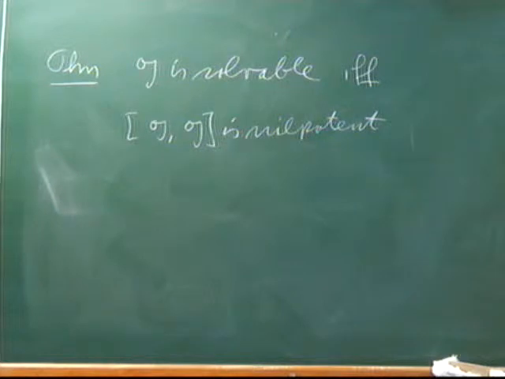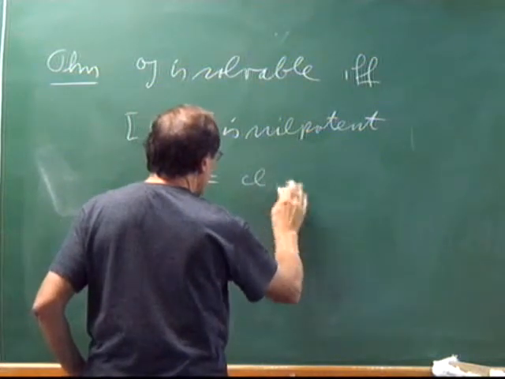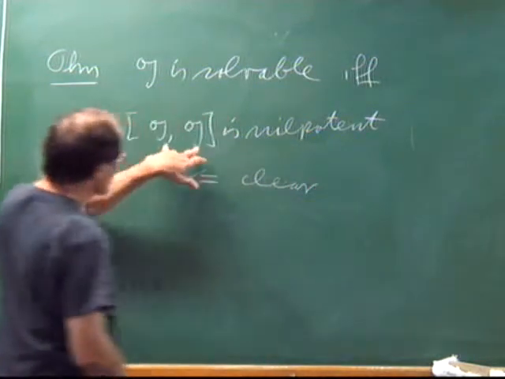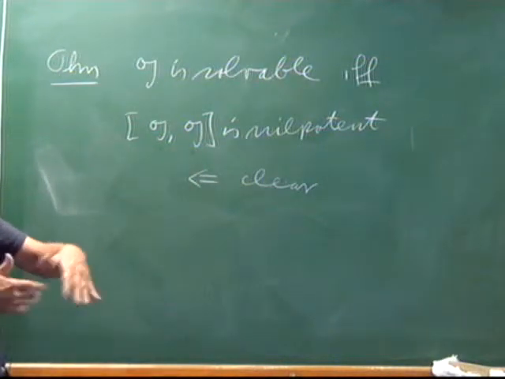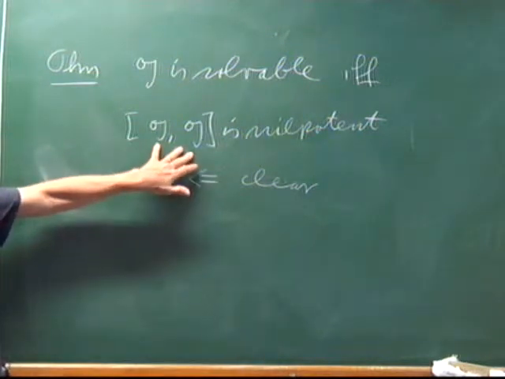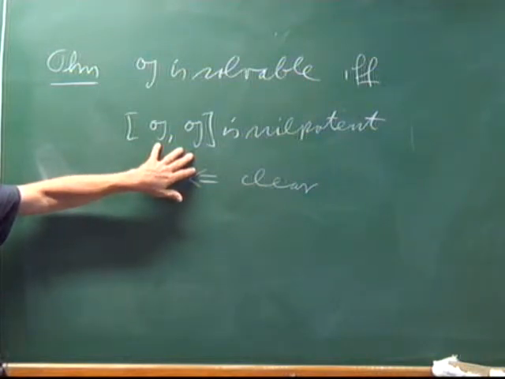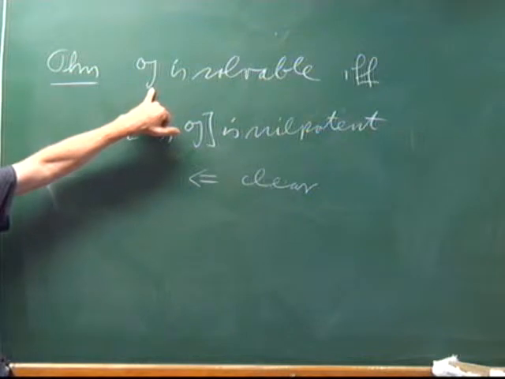So one direction is obvious, I claim. If the commutator is nilpotent, then further commutators of G^(k-1) with G^k lie in [G, G^k], which is what makes this nilpotent. It sounds even stronger, right? To say this is nilpotent sounds much stronger than saying G is solvable, but it's not.